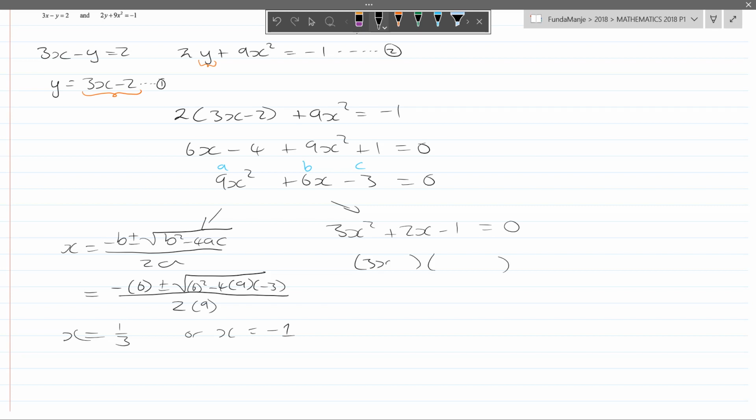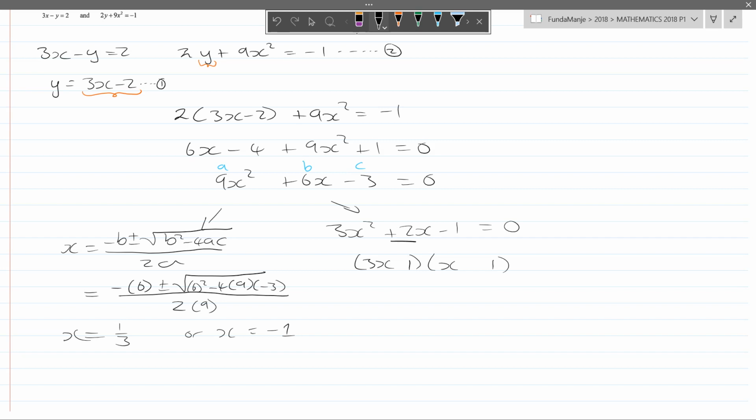And we can get these same values by splitting this into two brackets. In one bracket we would have 3x, and in the other x, since this would give us 3x squared. Then we have to think about how we would create this minus 1 over here. We can create this minus 1 only one way, by having a minus 1 and a plus 1. But now what matters is where do we put the minus 1 and where do we put the plus 1.